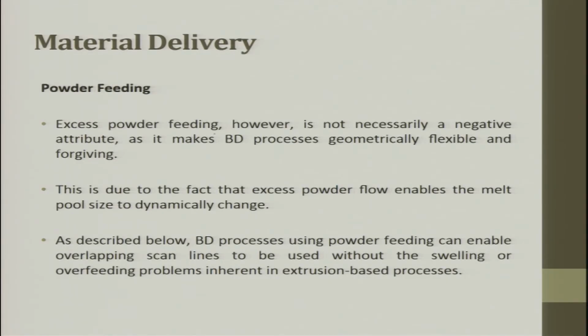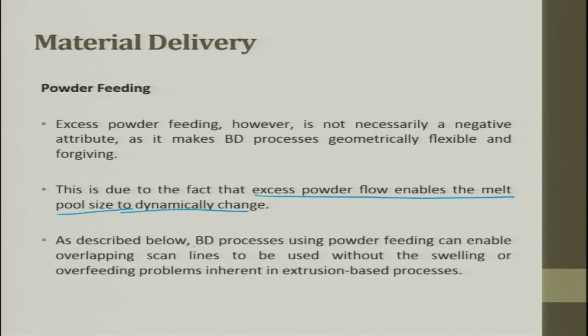Excess powder feeding, however, is not necessarily a negative attribute, as it makes the beam delivery process geometrically flexible and forgiving. This is due to the fact that excess powder flow enables the melt pool size to dynamically change. So, excess powder flow dynamically changes the melt pool. When you dynamically change the melt pool, you do not know whether you get a larger track or a smaller track.